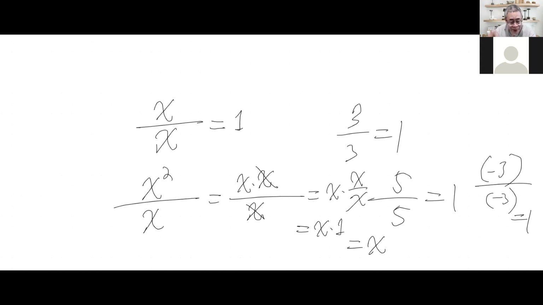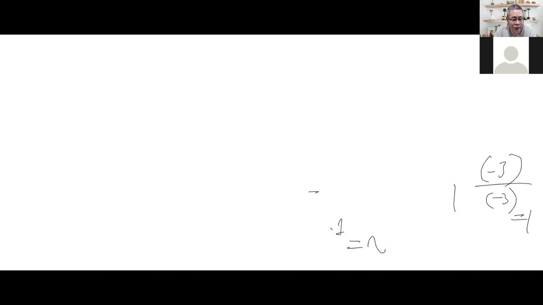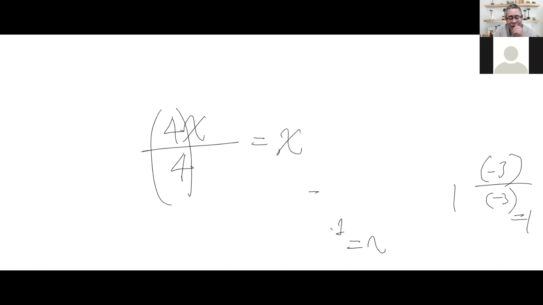Now, sometimes if we got something like, say, 4x divided by 4, the number divides the number, so then that gives us x. Good? Good. Okay.